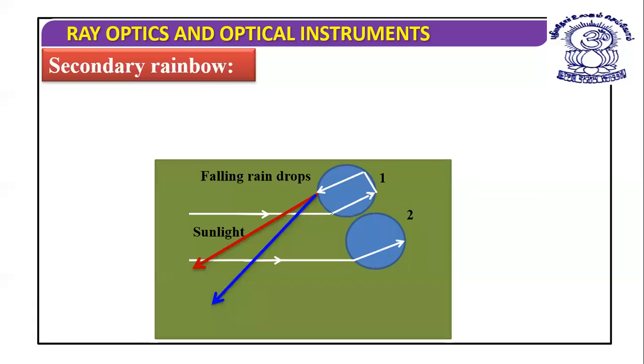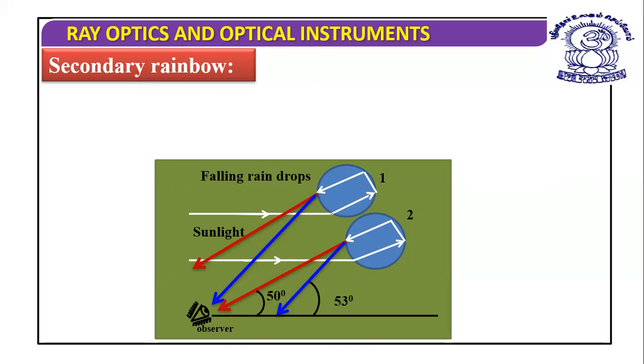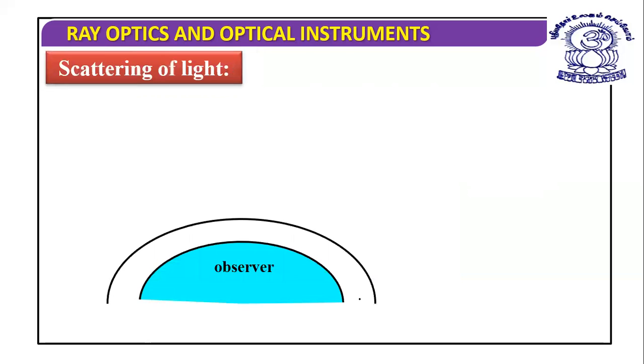Now again sunlight is incident on second drop. Again dispersion happens. So this is secondary rainbow. The angle made by red light with horizontal is 50 degree, and angle made by violet light with horizontal is 53 degree in the case of secondary rainbow.